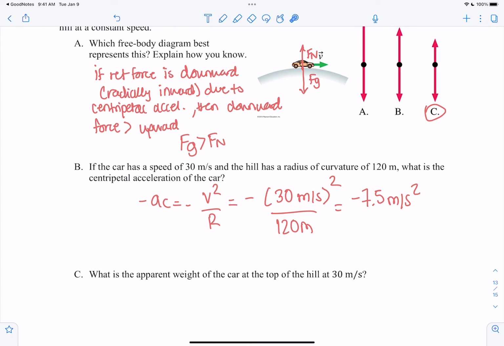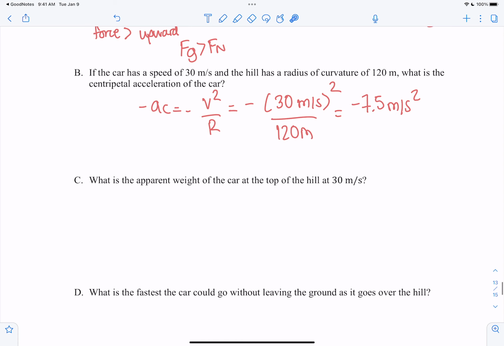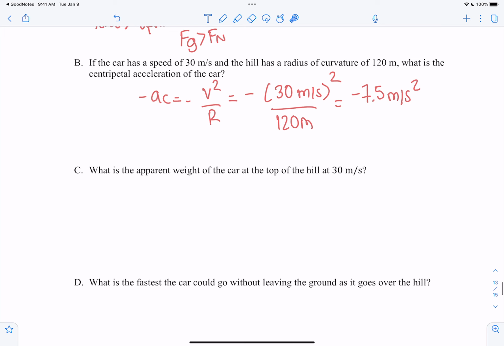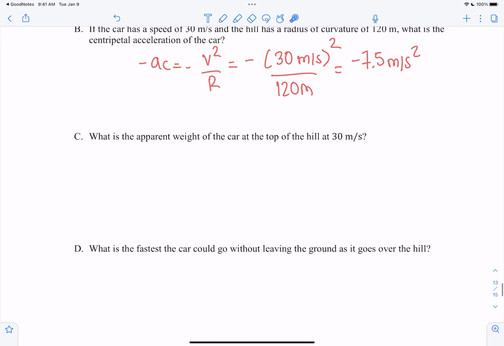So given this centripetal acceleration here, it's also easy for us to relate normal force to gravity and then to overall net force, right? So once again, in order to figure out forces relative to each other, figure out what values of certain forces are, we're going to have to draw or write out a net force equation. So we have F net is equal to ma_y, right? So this is in the y direction.